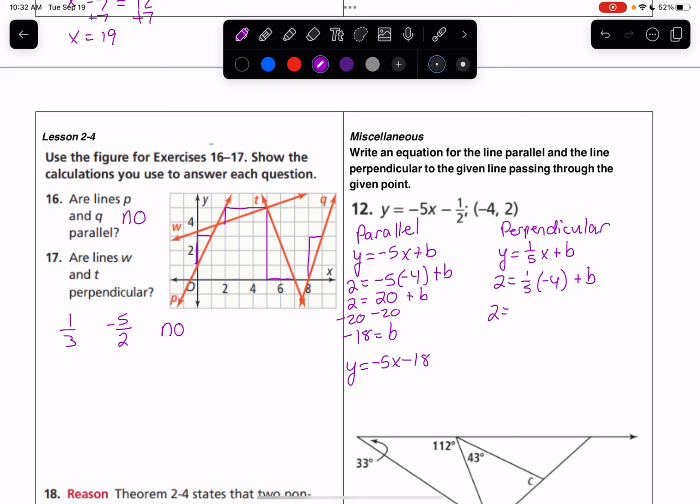So 2 equals -4/5 plus b. 2 is the same thing as 10/5. If we add 4/5, we get 14/5 equals b. So our equation is y equals 1/5 x plus 14/5.